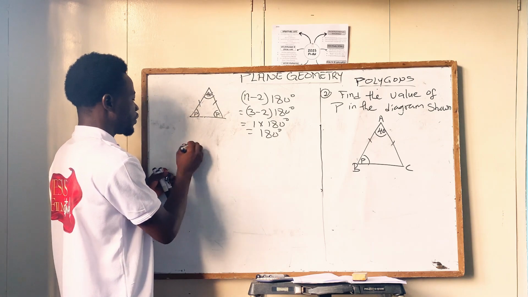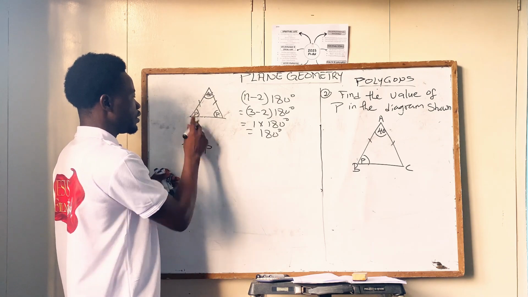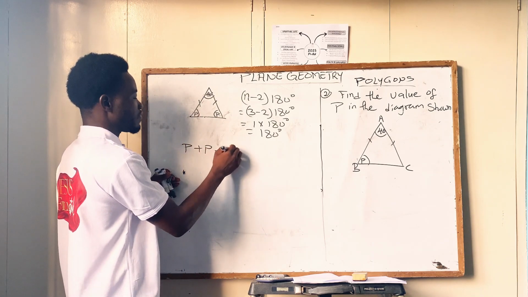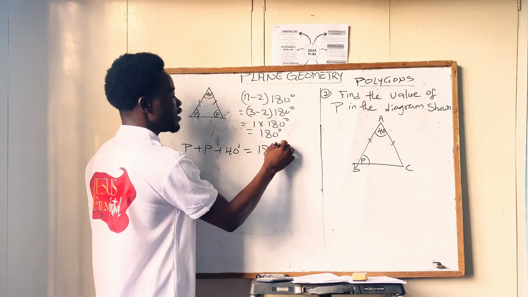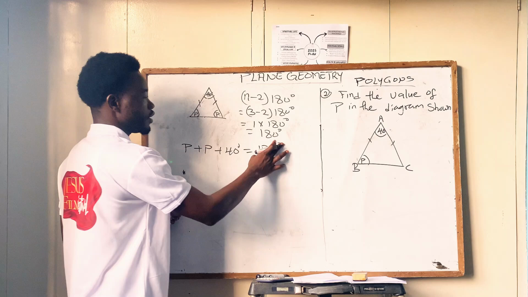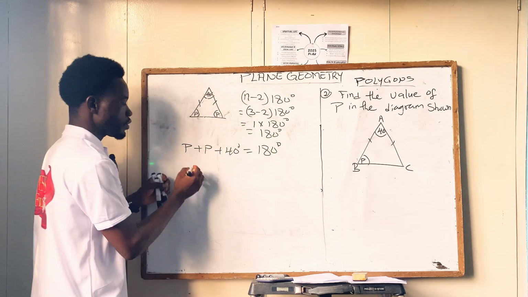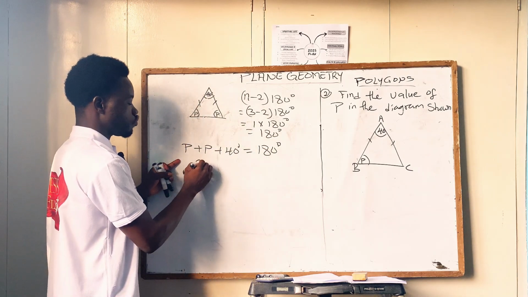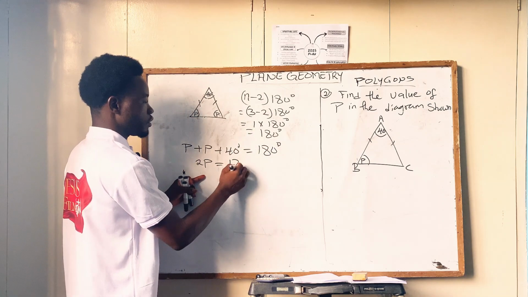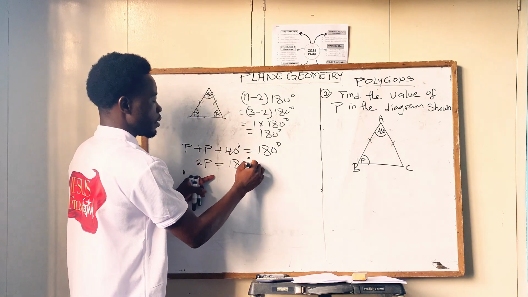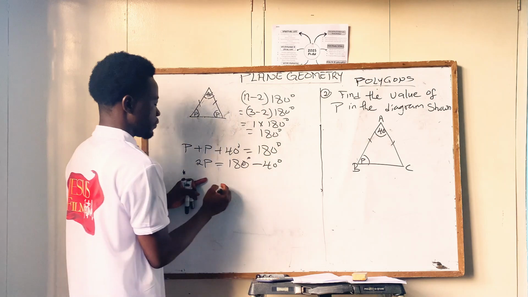So therefore I have p plus p, this angle plus this angle, plus the 40 degrees, the top angle, and that must give me 180 degrees. So p plus p is 2p. And I can take this across the equal sign to be minus, right?